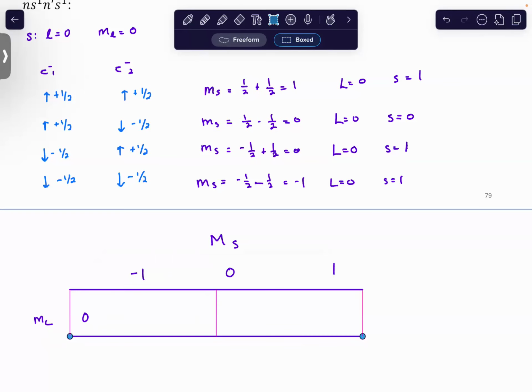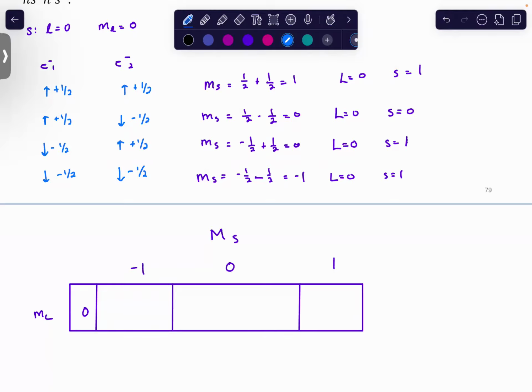And then what are our microstates? So for our -1, we're going to have 0 minus, 0 minus.